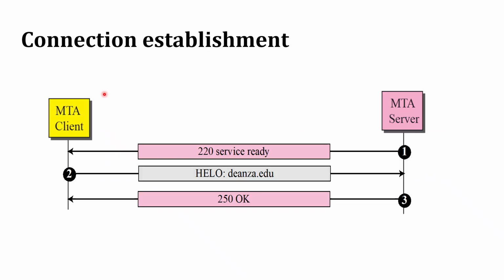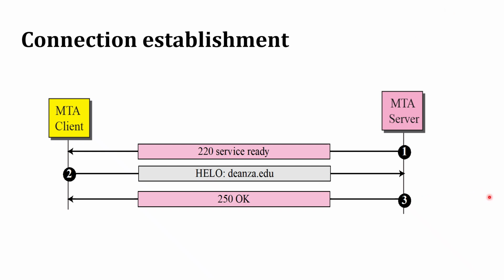The first step in SMTP communication is connection establishment between the client and the server. When the server is ready to receive email, it sends the response code 220 to the client indicating readiness. The client then sends a hello command identifying itself with its domain name address. This step is essential to let the server know the origin of the request.